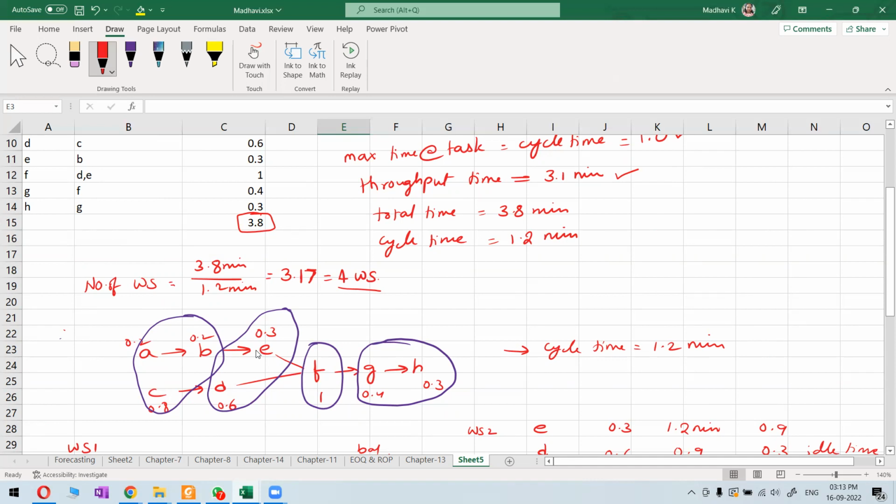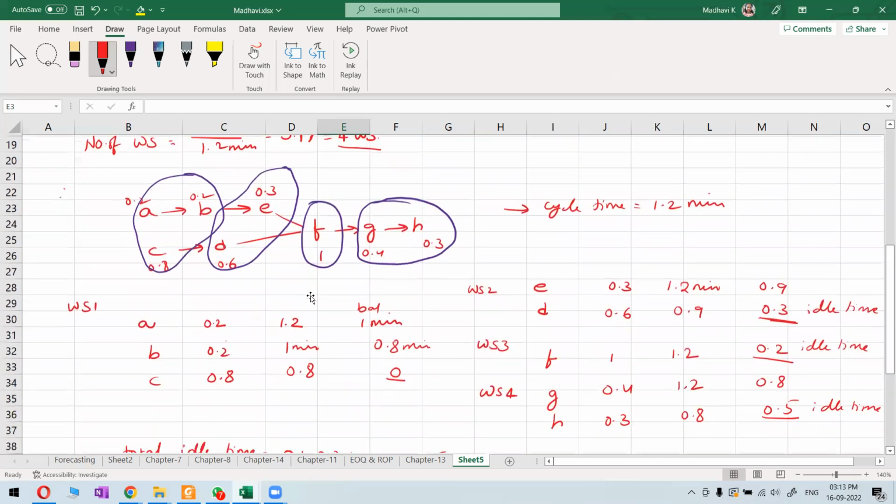A should be given preference because it has more tasks afterwards, followed by B and C. Once A is considered, we still have time remaining, and either B or C can be considered. In that case, maybe we can give more weightage to C because it is taking more task time. So these tiebreakers will be mentioned in the problem, so that has to be considered.